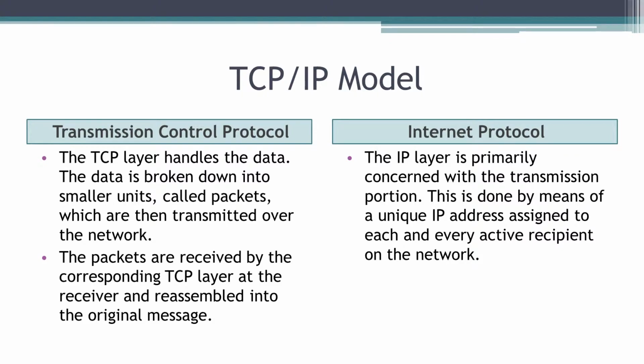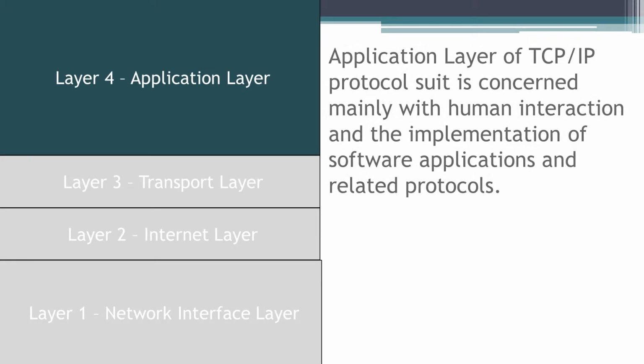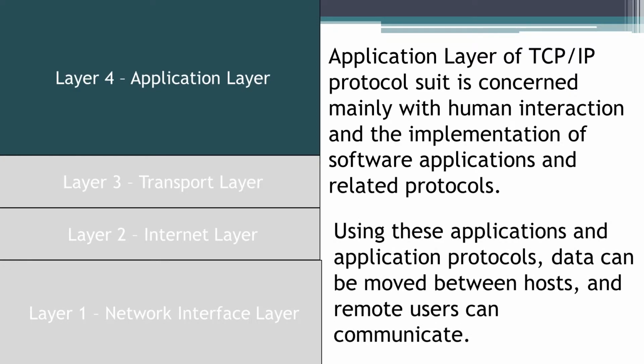This is all sounding somewhat familiar to the OSI model. However, the TCP/IP model only has 4 main layers for us to discuss. Layer 4 is the application layer. The application layer is concerned mainly with human interaction and the implementation of software applications and related protocols. Using these applications and application protocols, data can be moved between hosts and remote users can communicate.